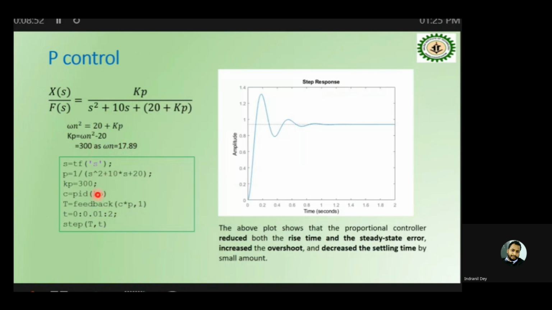Now this is the script to design a feedback controller with PID action. Only the P controller is taken here, so the P value is given as 300. Finally we get the response. You can see that there is a better response with P, but it never reached the desired value of 1.